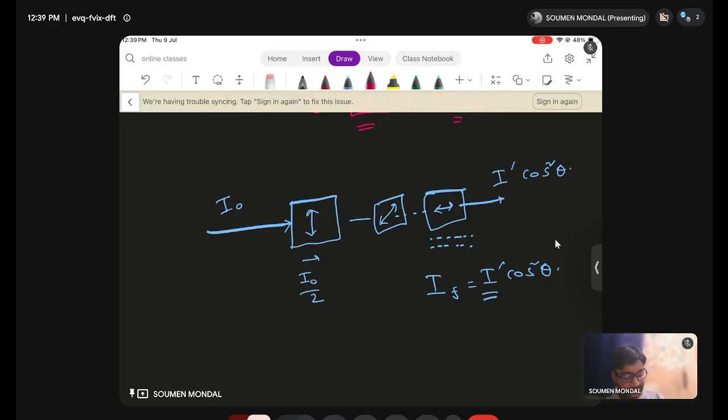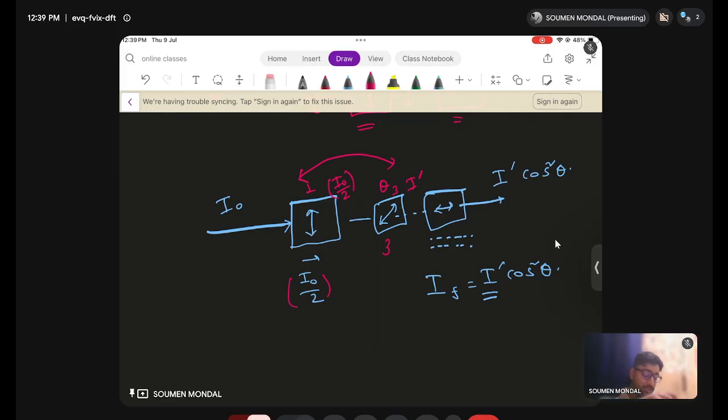The light intensity after passing through polarizer 3 here is I prime, and the light intensity after passing the first polarizer is I naught by 2. You can give some notation here, but let me consider it as I naught by 2. Now between 1 and 3, I can again apply Malus's law.